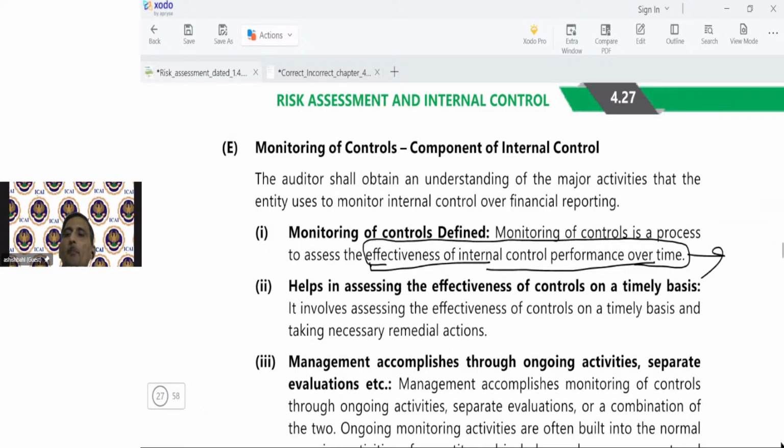Okay, so over a period of time, whether the controls were effective or not, whether they were able to prevent the errors, or if the errors were not prevented, whether they were able to detect and correct those errors. Okay, so basically it means evaluation.